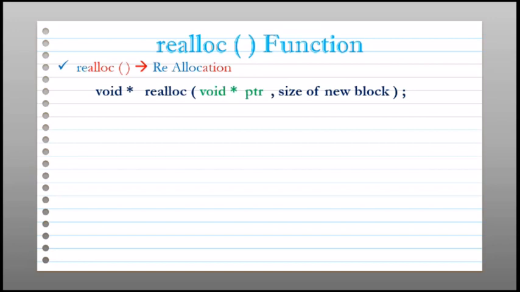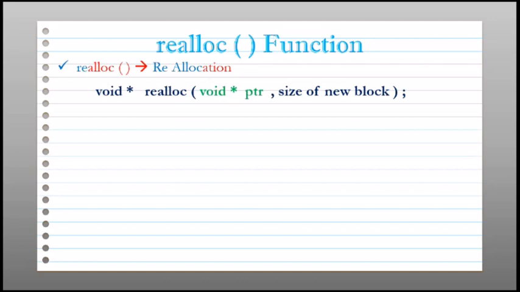This is the syntax of the realloc function, which is already present in the stdlib.h header file. Void pointer, then realloc, and in brackets the first argument is a void pointer variable, which is used to get the address of the new memory block allocated or the address of the previous memory block allocated.